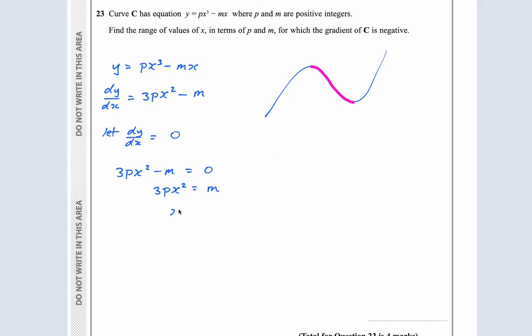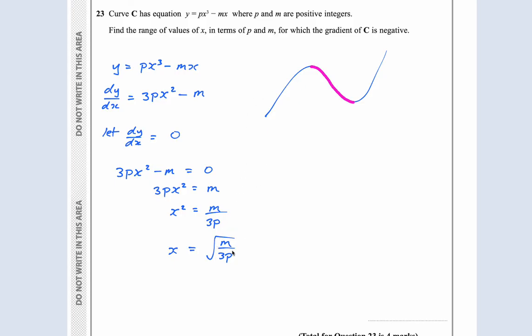I'm then going to divide by 3p, because I want x on its own. But I need to get the square root, because this is x squared. If this is x squared, then x is the square root of m over 3p. That is where the gradient is 0.